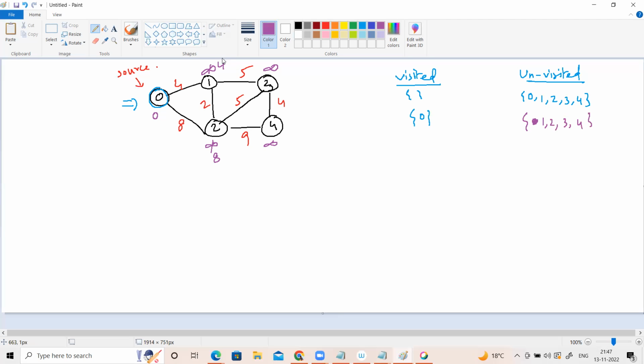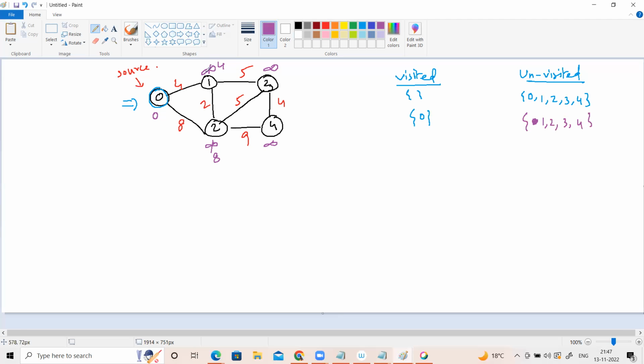One has 4, another has 8. We will visit whichever has the minimum. If you start from 0 and come to 1, you have cost 4. If you come to 2, you have cost 8.